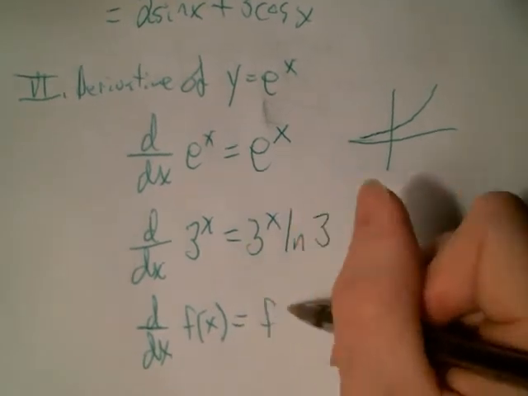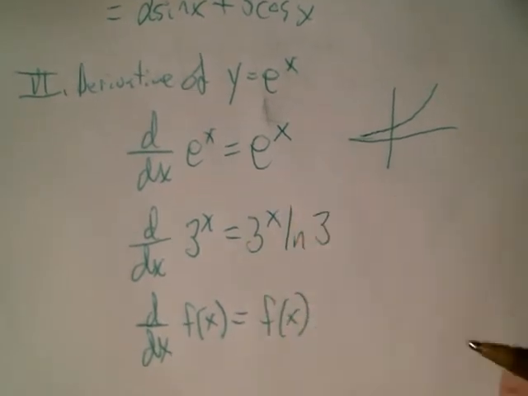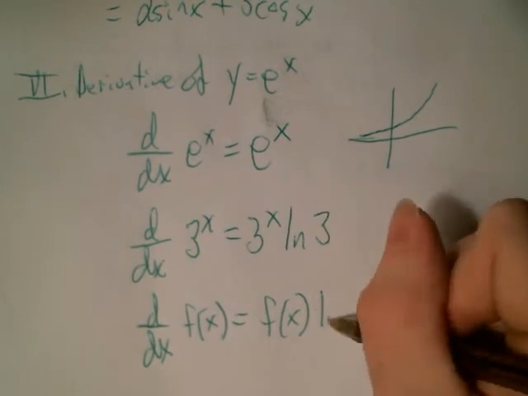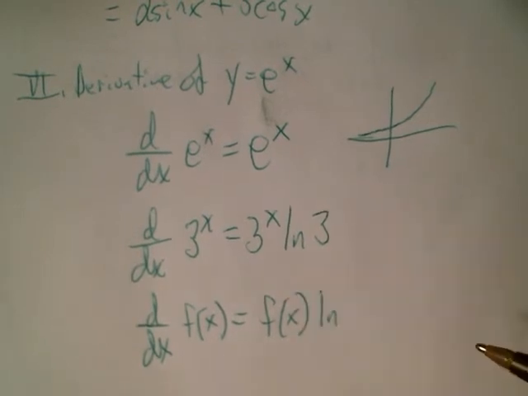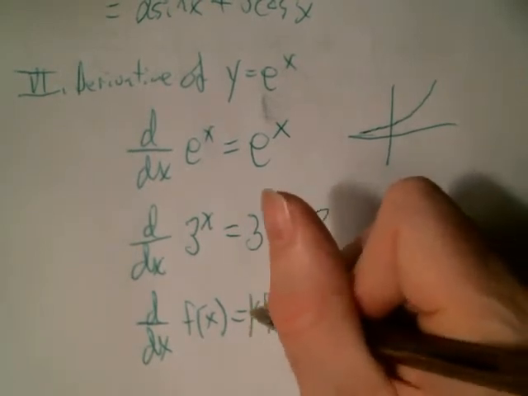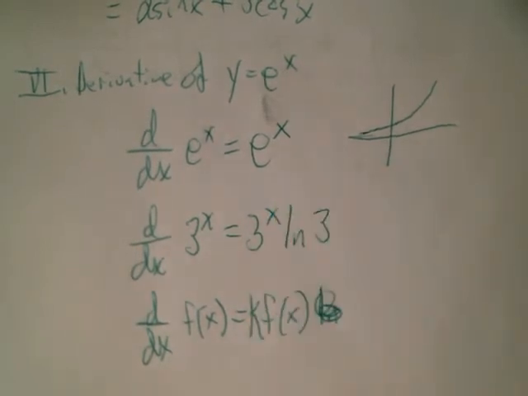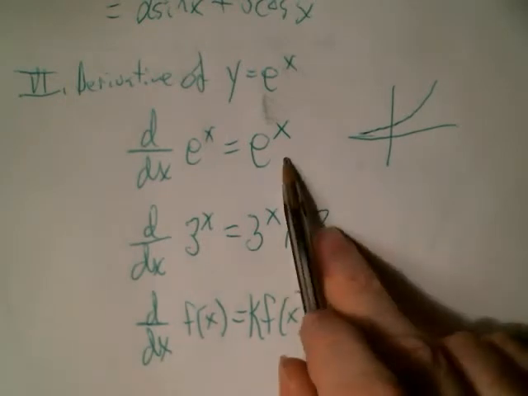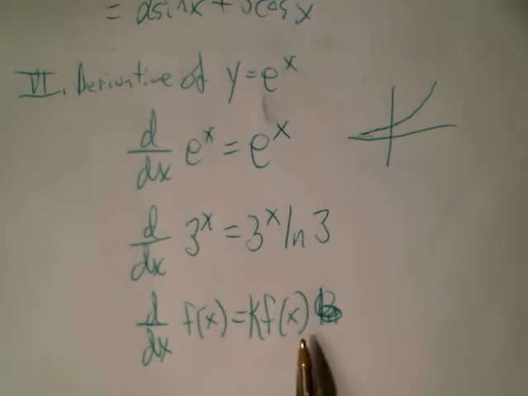You just get f of x times the ln of the base of f of x in this case. So in particular here, it'd be f of x times some constant, excuse me. In the first case, the constant just turns out to be 1.